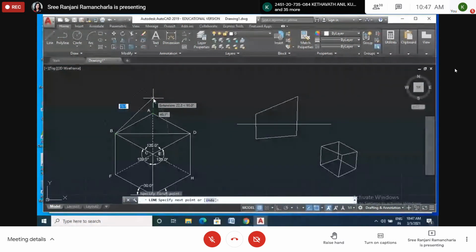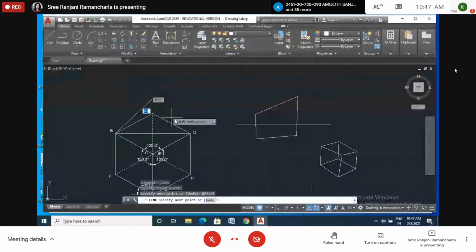Okay, I will take 45 degrees, and some length, like 74. I will take 74 at an angle of 45, enter, because we don't know the exact length.